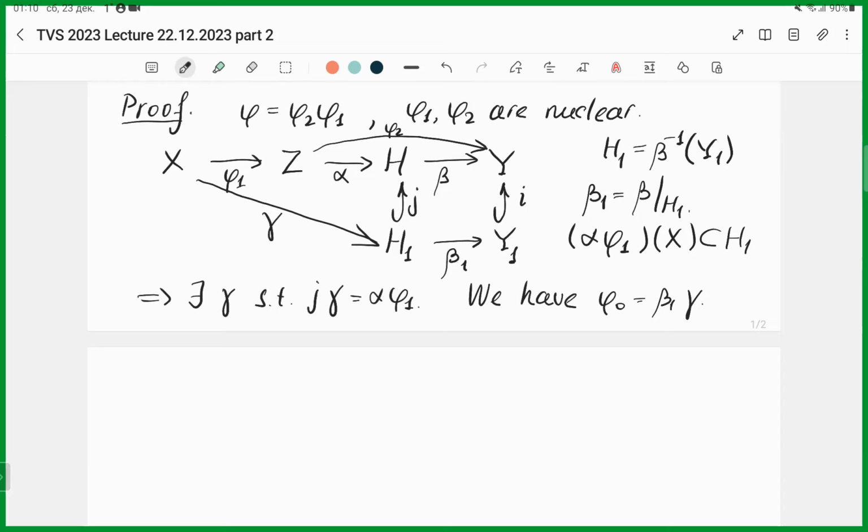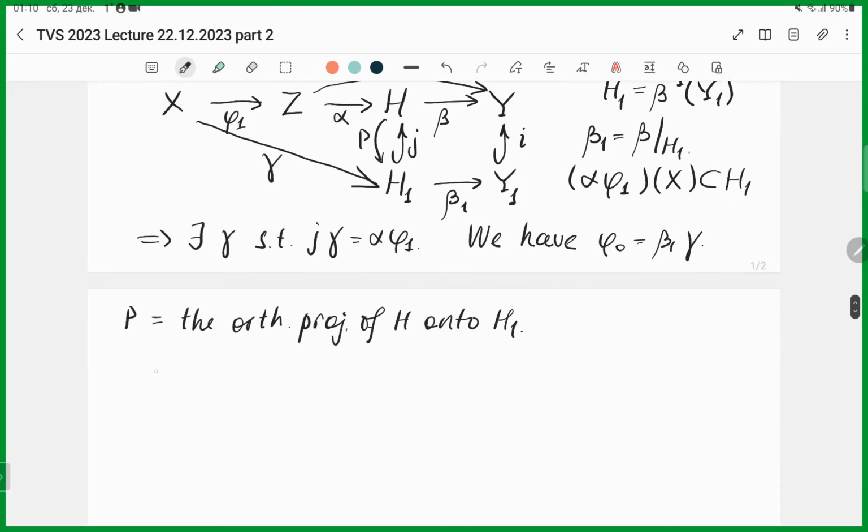Well, gamma acts to H1, and H1 is a closed subspace of the Hilbert space H. And so we can consider the orthogonal projection P. Let P denote the orthogonal projection of H onto H1. Then gamma can be written as P J gamma, simply because P J is the identity map.